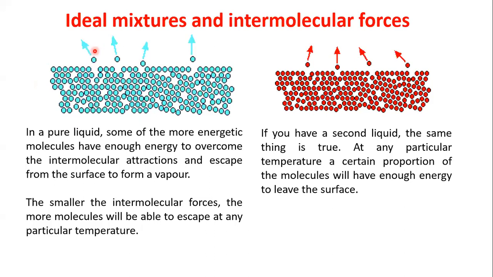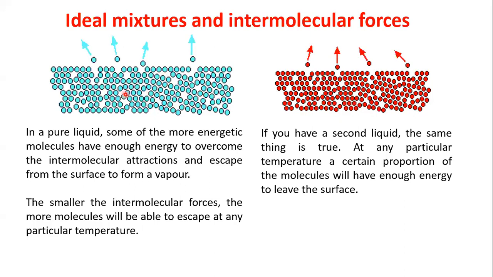Now, if this liquid is represented by blue molecules and the red balls represent another molecule, and you're saying that they are similar and a mixture of the two can form an ideal mixture, it means that the intermolecular force of attraction between the red balls is the same as between the blue balls.